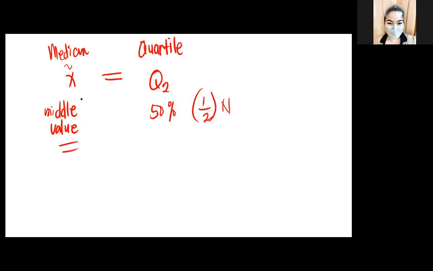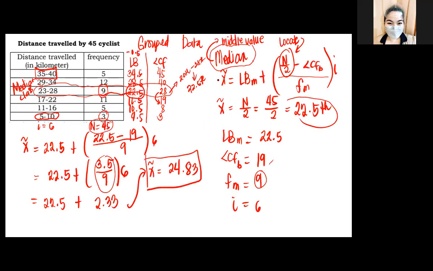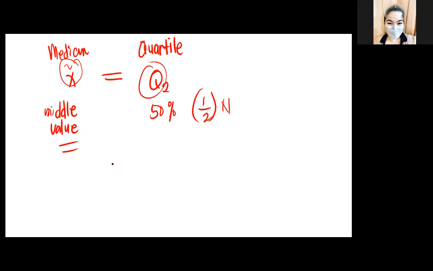Kaya nga masasabi natin that the median and the Q sub 2 is equal. So let's say that yung sabihin na natin na si median ay 24.83, pwede na natin sabihin that si Q sub 2 is also 24.83. Pareho sila.